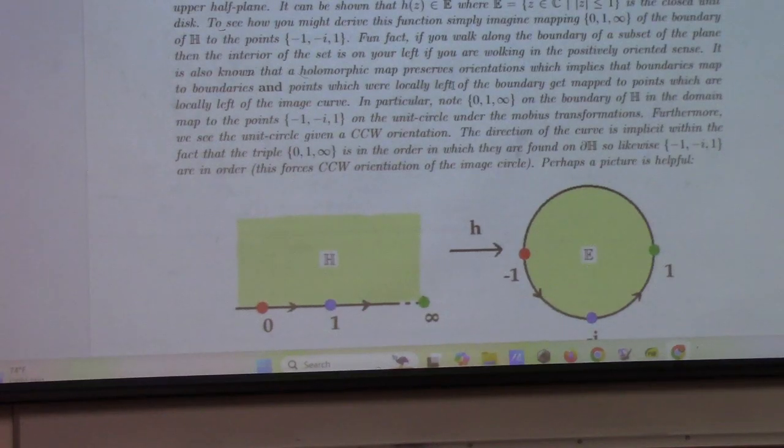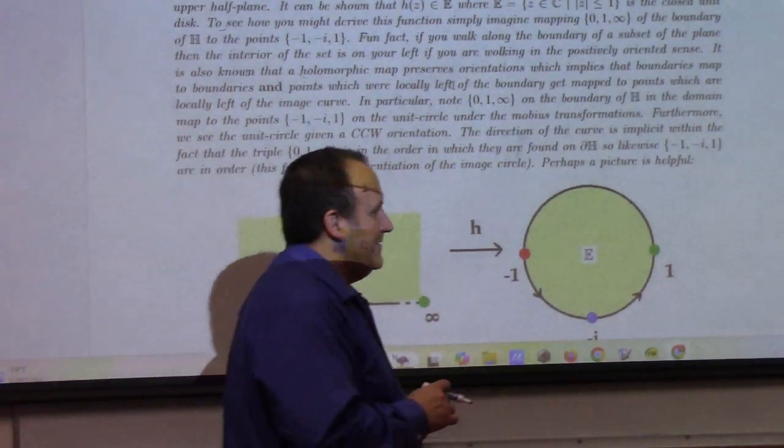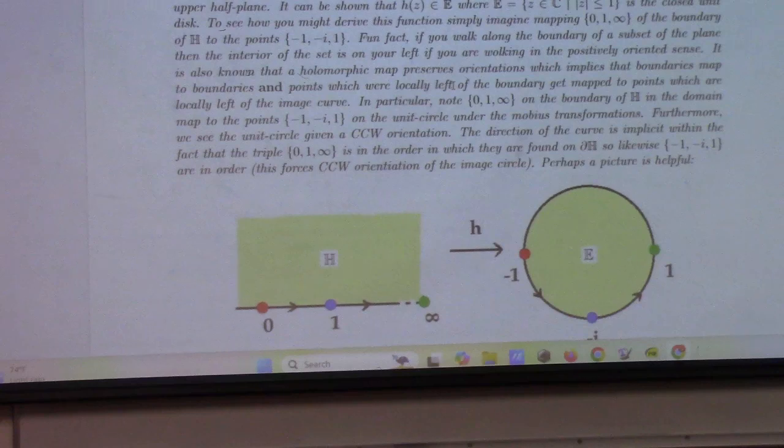Let's see here. Where was I? I do know this much. This point 1 is mapped down here to like minus i, right? And 0. Where did 0 map to? -1. Right here. Okay, so this is H of 0 is there.